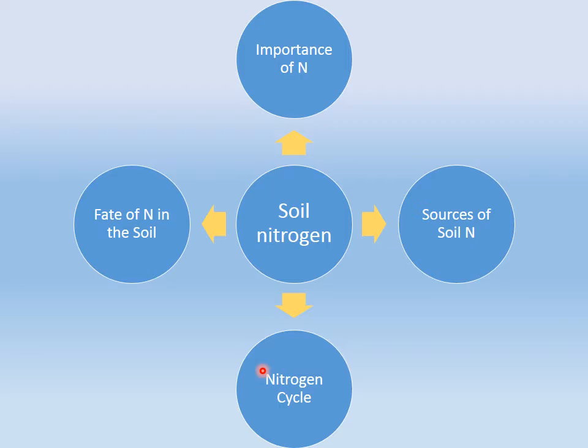And in the nitrogen cycle, we're saying the nitrogen atom is in a continuous state of flow or movement. In an ecosystem, it is not stagnant, and it is changing forms from one form to another as it moves in the nitrogen cycle.